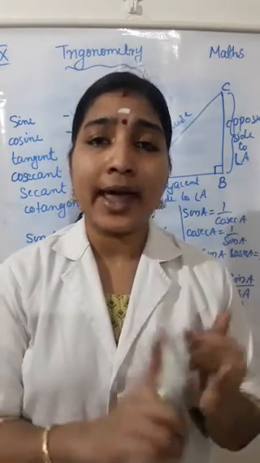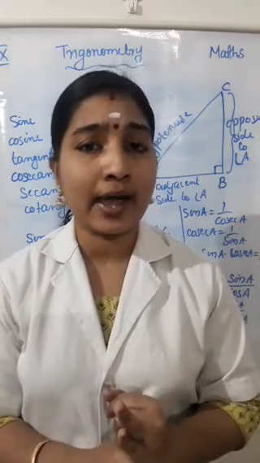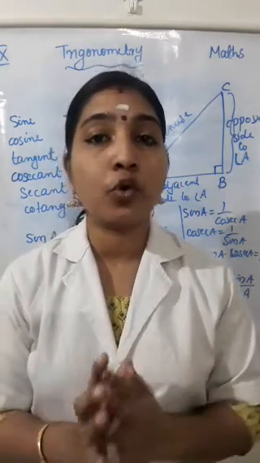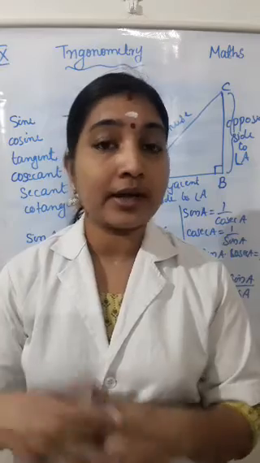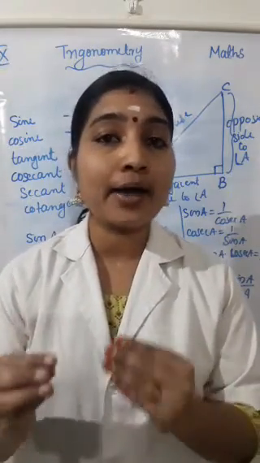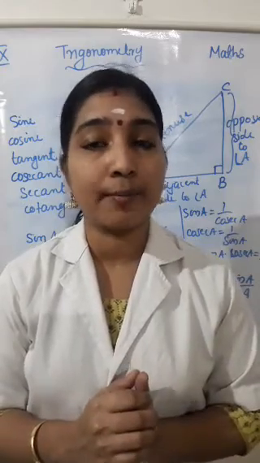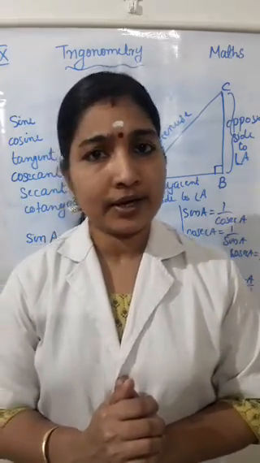Then tan A is equal to 1 by cot A, and cot A is equal to 1 by tan A. So tan A into cot A is equal to 1. Then other relation is tan A is equal to sin A by cos A, and cot A is equal to cos A by sin A. Clear?